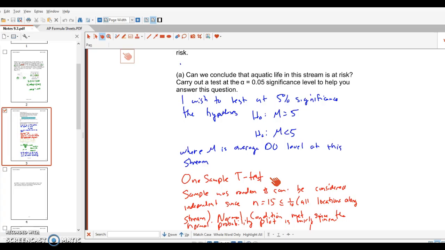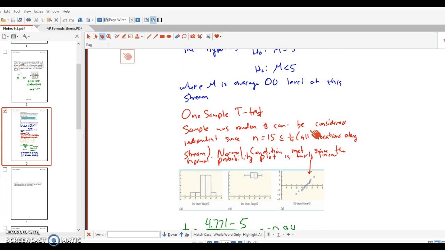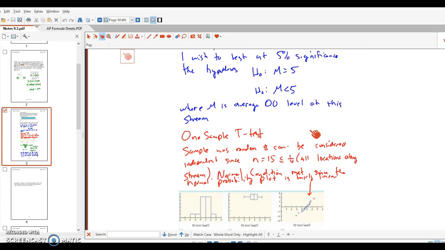The type 2 error would be if I fail to reject the null. So if I say that it's actually 5 or higher, when in fact it's lower, that would be the opposite problem. That would probably involve lack of intervention, when an intervention would be needed, throwing off the balance of aquatic life. Sometimes on AP free response, they will then ask which you think is the worst case scenario, so you could justify.